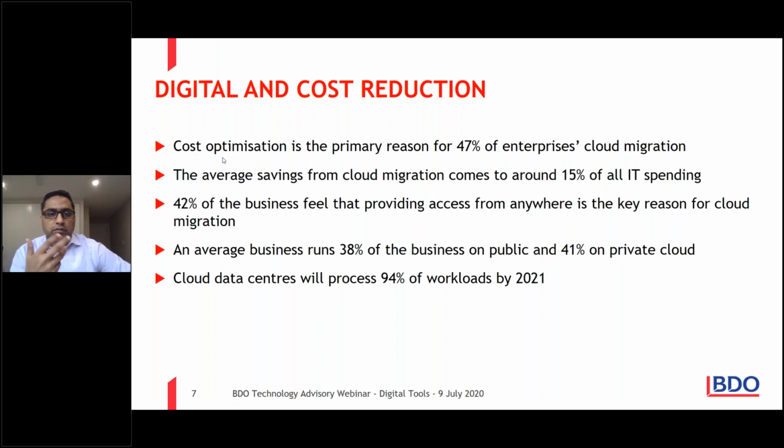If you look at some of the market research that's coming out, cost optimization is the primary reason why enterprises are actually migrating to cloud. So digital capabilities which are cloud enabled, that's one of the primary drivers of cloud adoption. The second point is a lot more important, which is around, if you look at the average saving from cloud migration, leveraging some of the digital capabilities that are coming in, is around 15% of overall IT spend.